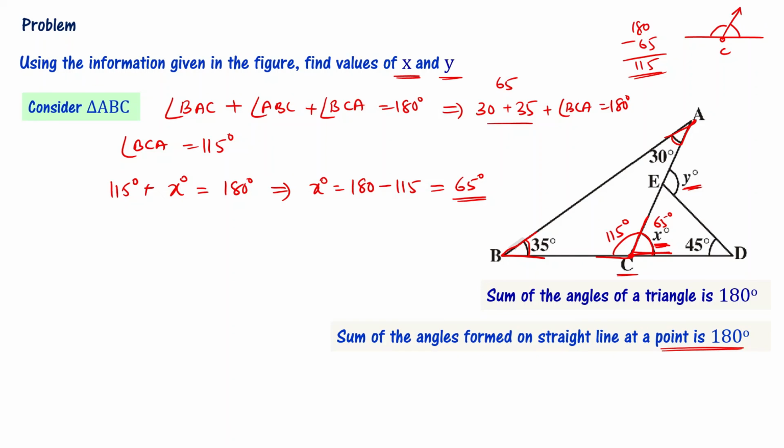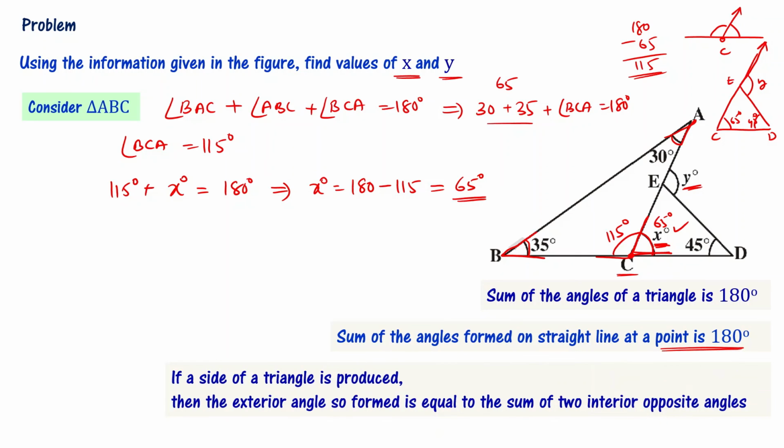Now we want to find Y. For that, I am going to consider this particular triangle, CED, right? We know this is 65 degrees, just now we found, this is Y and this is 45 degrees, right? Now Y, if you look at triangle ECD, this line is like an extension to it, right? And we have learnt a theorem.